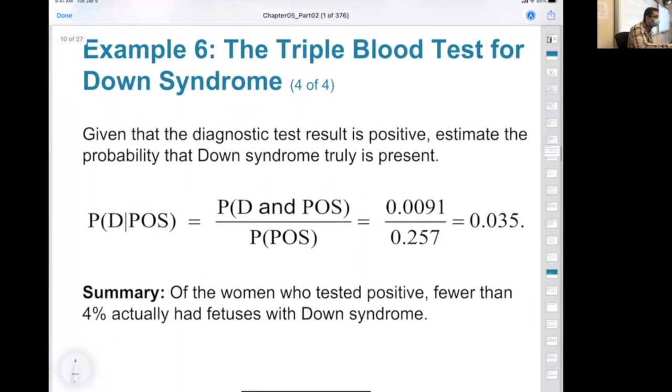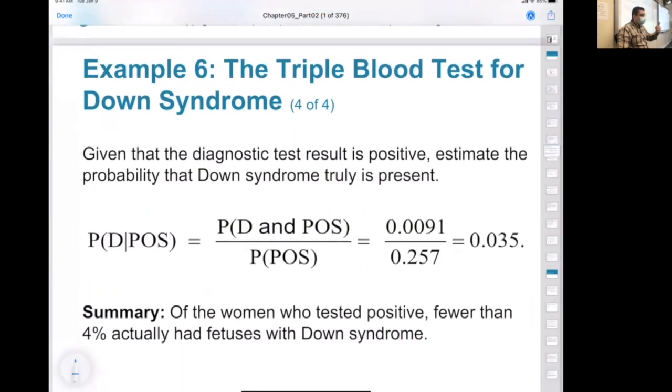Now, another probability. Given that the diagnostic test result is positive, so it's given. As I said to you, this word is very, very important in our questions here. Given. Just when you see given, that means we are dealing with conditional probability. Given that the diagnostic test result is positive, estimate the probability that Down syndrome truly is present.